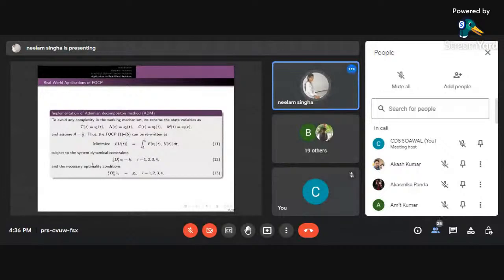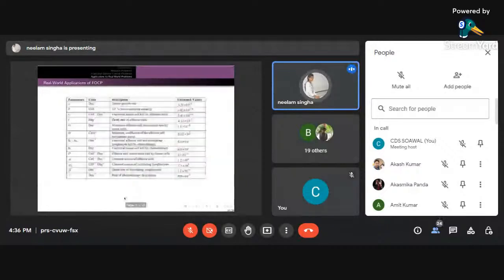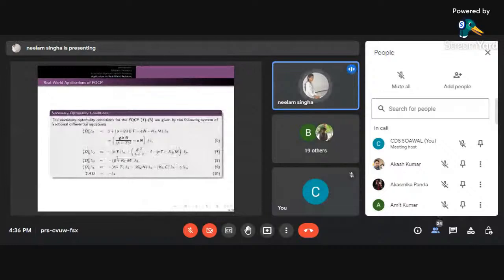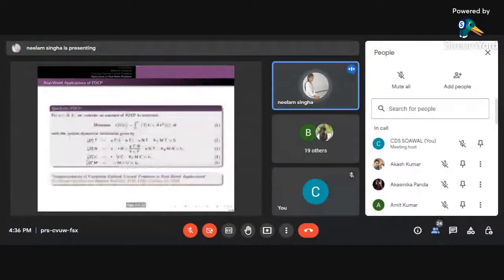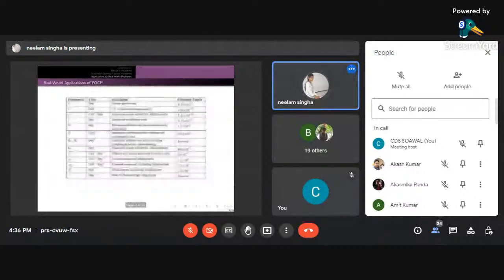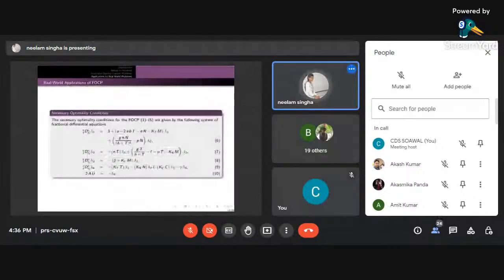Let me go back quickly so that we can understand the necessary optimality conditions, and then talk about the Adomian decomposition method. Here I have obtained the necessary optimality condition for the given problem. To optimize this functional, I need to deal with this set of fractional integro-differential equations.